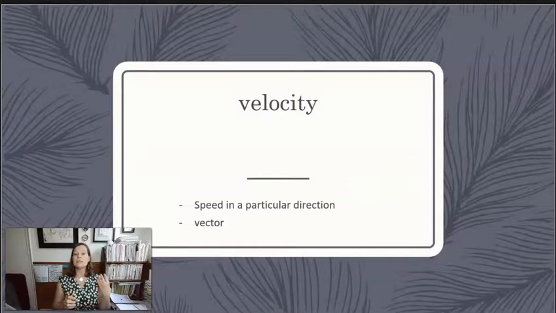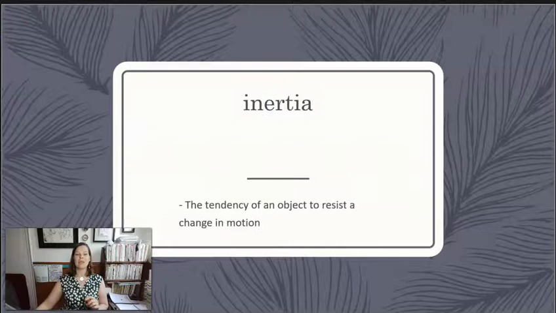A velocity is a speed in a particular direction, and this is a vector. So scalar quantities are just the magnitude. Vector quantities are a magnitude and direction, and we'll be using those as we go throughout the course. Speed is a scalar, velocity is a vector. You could probably imagine a cute little mnemonic device to remember that if you wanted to.